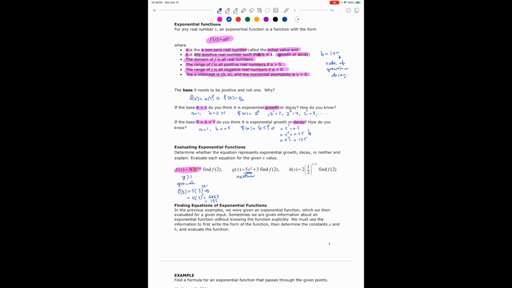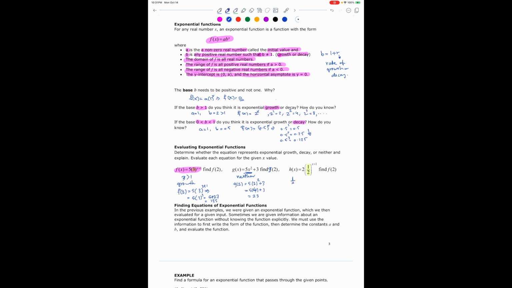And to find g of 2, we're going to say g of 2 is equal to 5 times 2 squared plus 3, which will be 5 times 4 plus 3, that is 23. h of x is equal to 2 times 1/2 raised to the x plus 1. The base here is 1/2, which means it's less than 1.